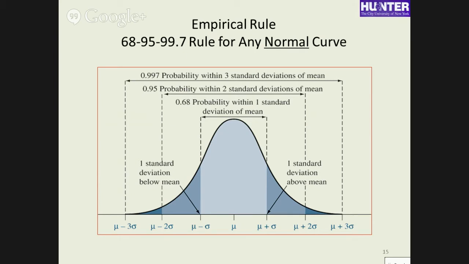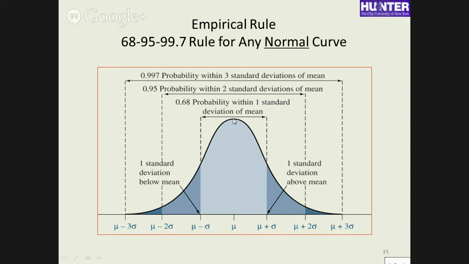Okay, so there are a couple more things to know about the normal distribution. One of them is the empirical rule. This is an easy way to tell whether some data that you have are approximately normally distributed.